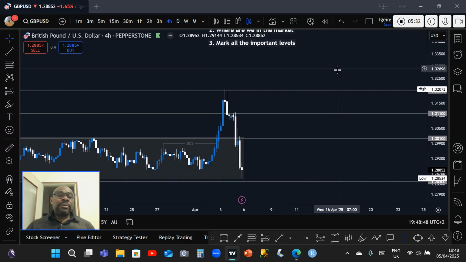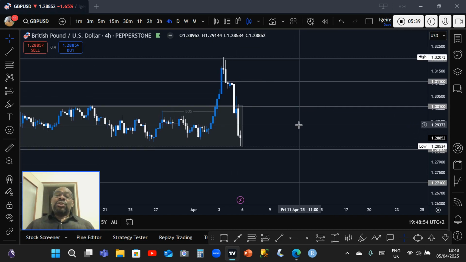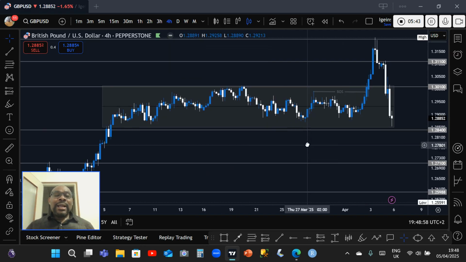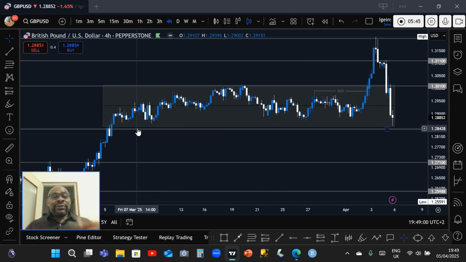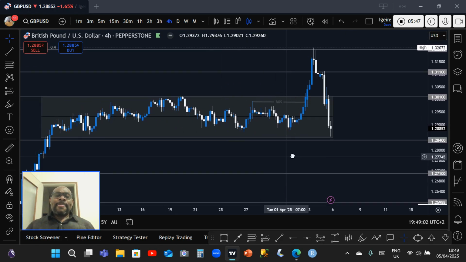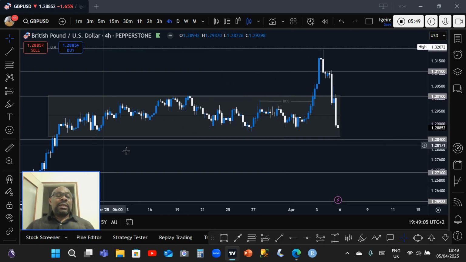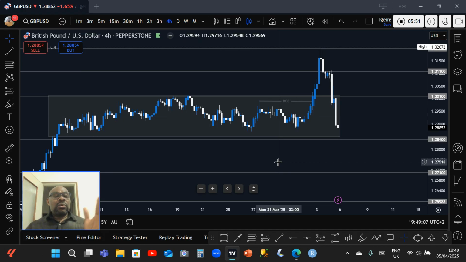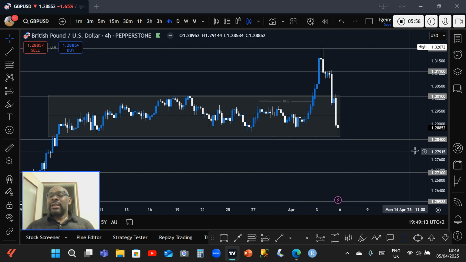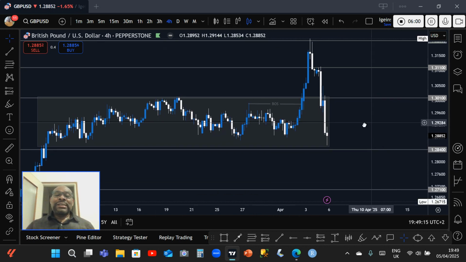When I say mark all the important levels, it simply means the support and the resistance, the important ones where price has tested and reversed. Not once. A level is important when price has tested that same level more than once, like twice or thrice.